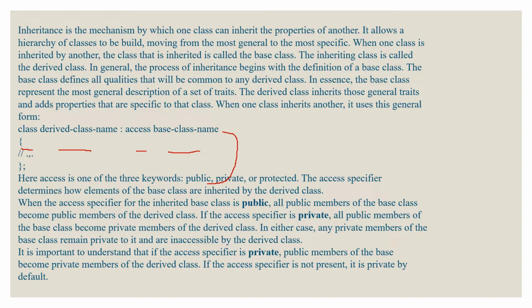Here one semicolon will be used after closing the class. So this is the declaration format for inheritance. We will now see in a program how we will use this inheritance concept, so let's see using a program now.